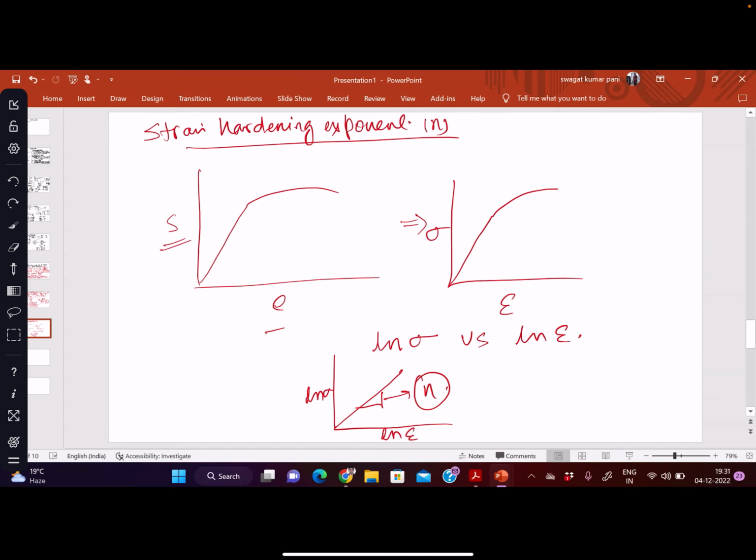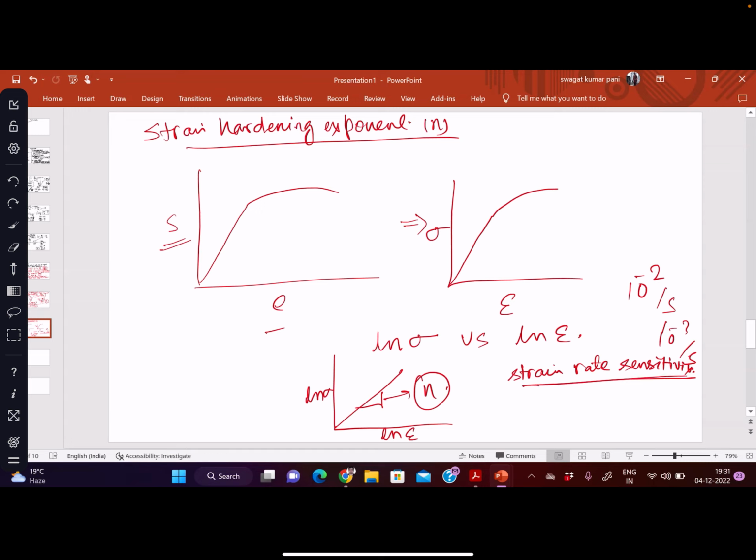Another term is there, that is strain rate sensitivity. How does your deformation behavior change with strain rate? Suppose we take a strain rate of 10 to the minus 2 per second or 10 to the minus 3 per second. How the deformation behavior changes is denoted by strain rate sensitivity. How do we calculate that?